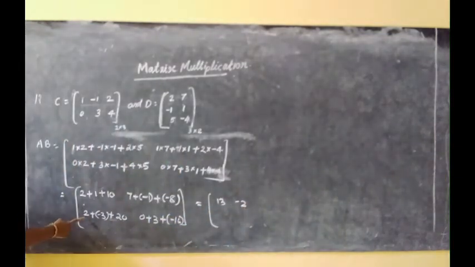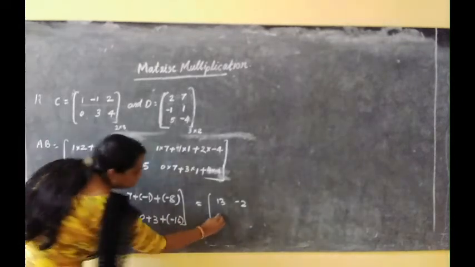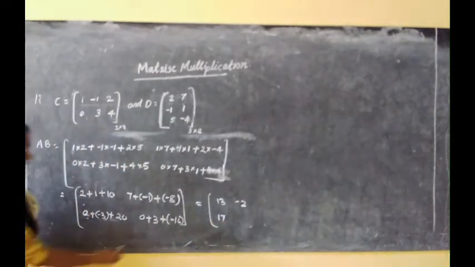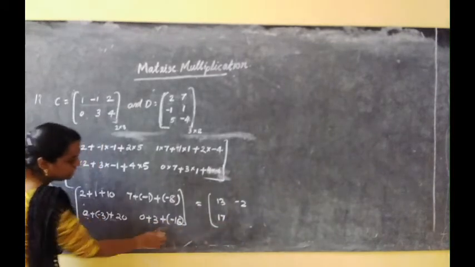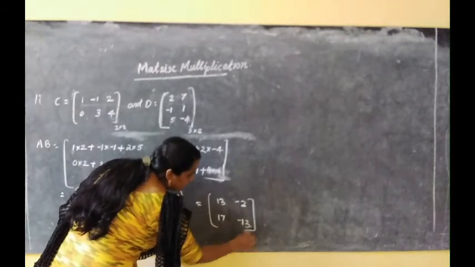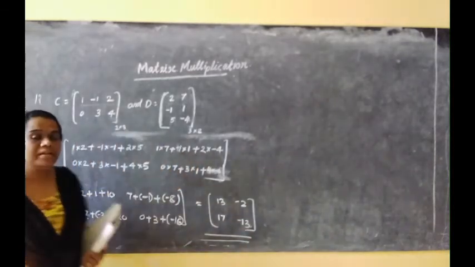Now 2 and 20 are positive numbers, isn't it? 0 into 2 is 0. Then 20 minus 3, we get 17. Then next is minus 16 plus 3, which is minus 13. This is our resulting matrix.